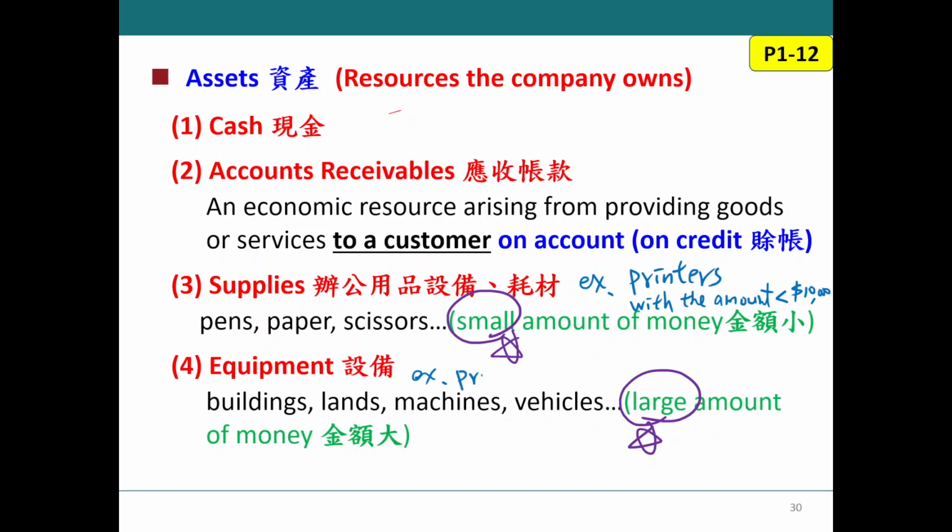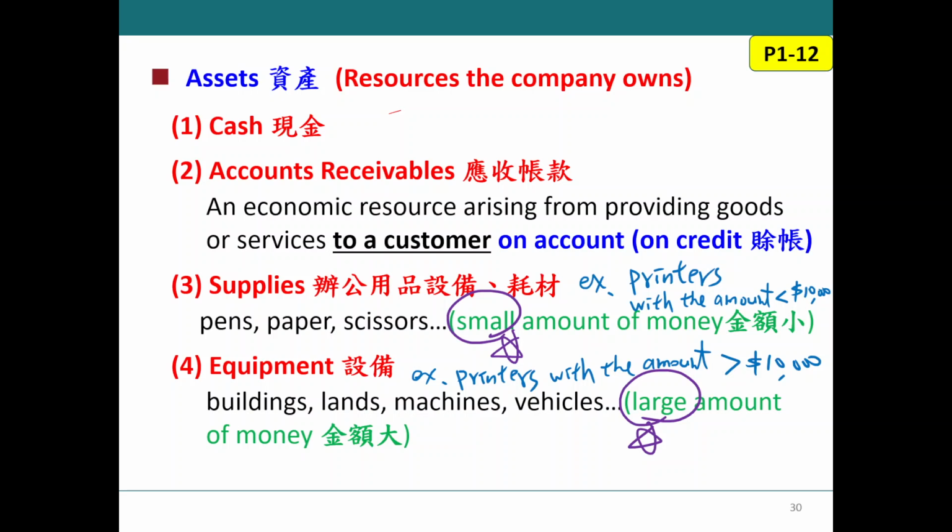If you buy printers with the amount above $10,000, we call it equipment. Okay?